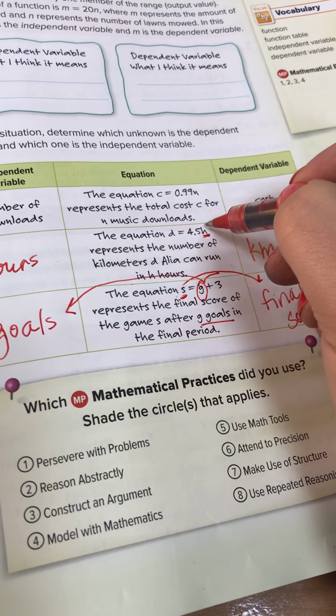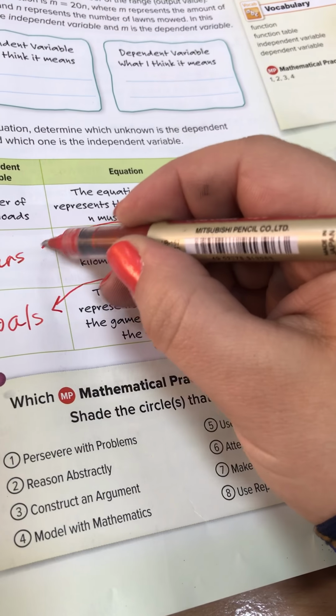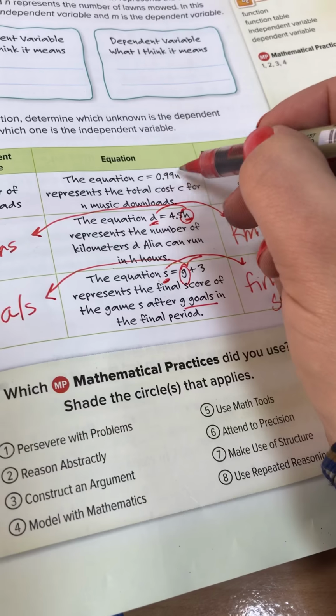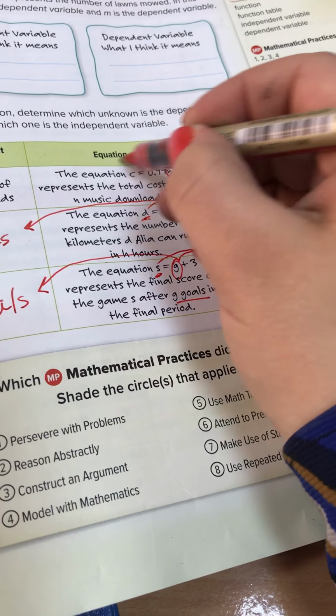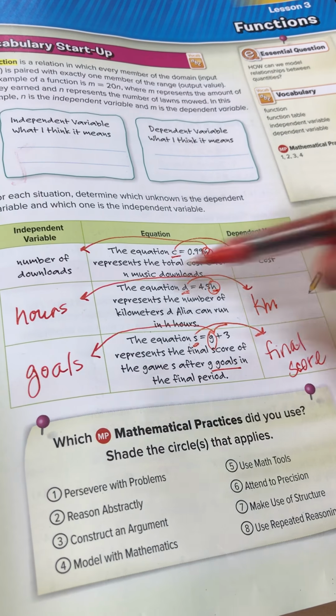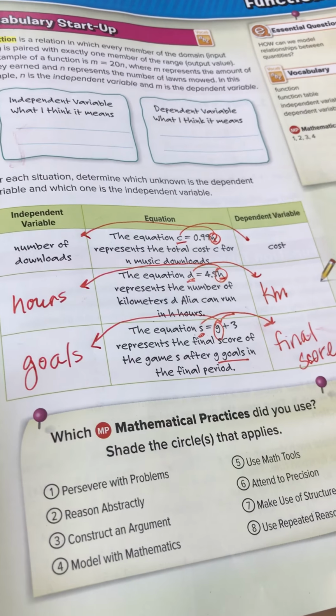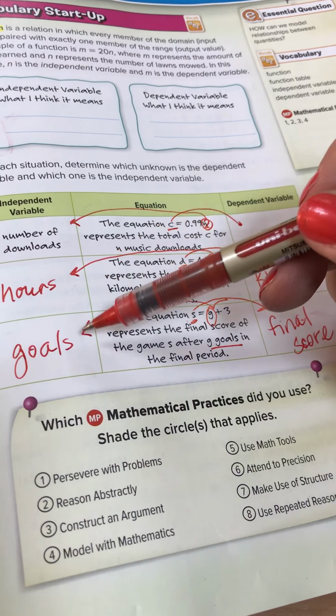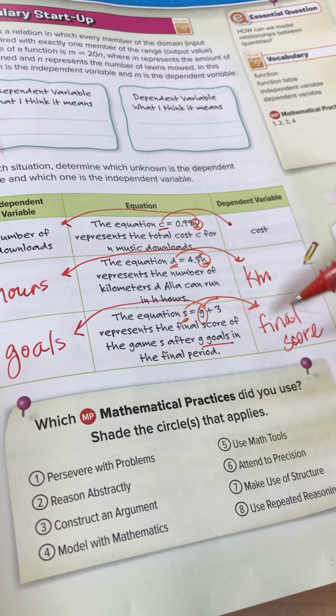This one, H, is inside the equation, so independent, dependent. Independent, inside; dependent, outside. Okay? So the final score would depend on how many goals are scored. If it's more goals, the final score would increase. If it's fewer goals, your final score would decrease. Okay, so that's independent and dependent variables.